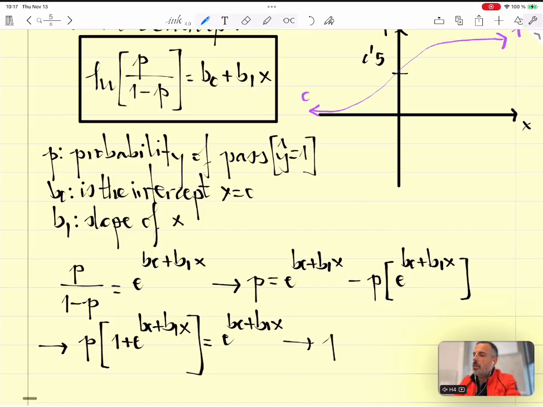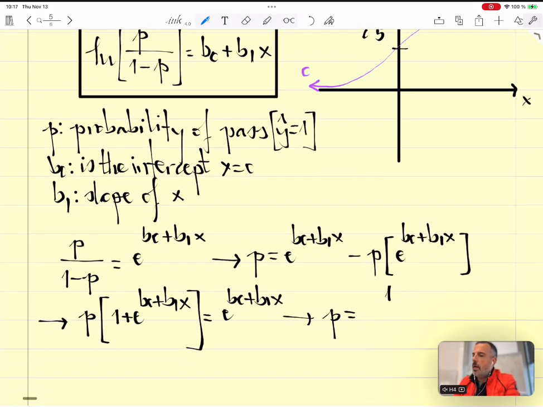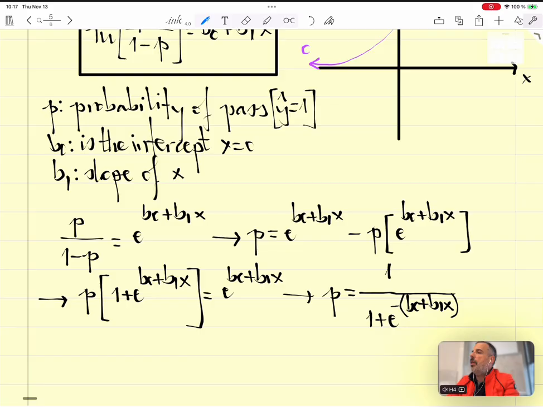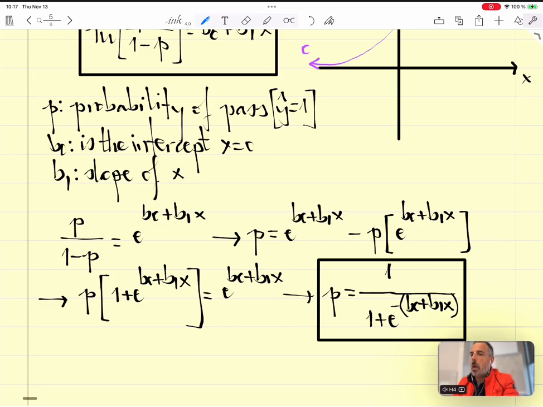As a result, p is going to be 1 divided by 1 plus e to the minus b0 plus b1x. Okay, this is just playing a little bit with the equation to get to the solution, how to measure p, okay?